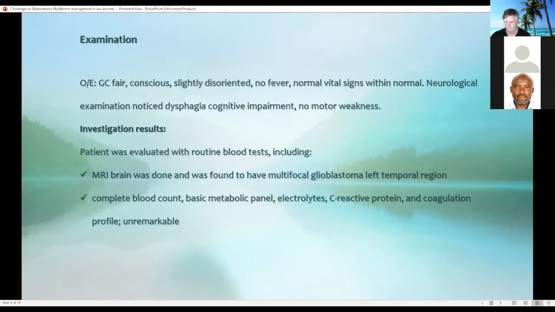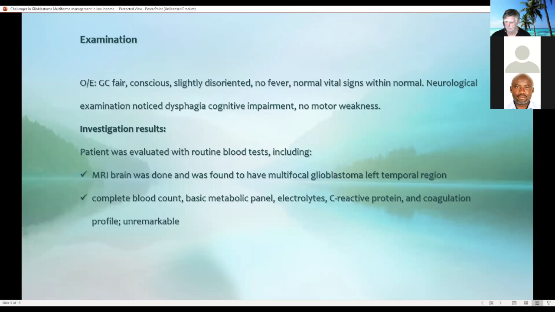And as I told previously, this is the temporal lobe, this could cause motor weakness, but in this case there was no motor weakness.